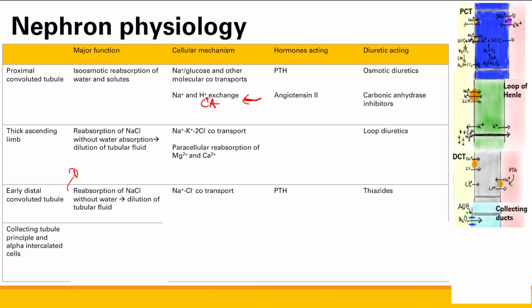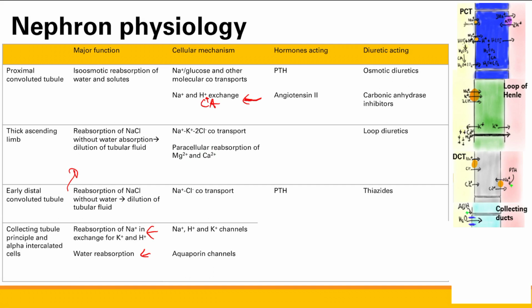Finally, collecting tubule principal and alpha intercalated cells. What was the major function? Remember, it was reabsorption of sodium in exchange for potassium or H+, and then also water reabsorption. And what were the cellular mechanisms for this? Remember, this cellular mechanism was sodium, H+, K+ channels. This one was aquaporin channels, okay?